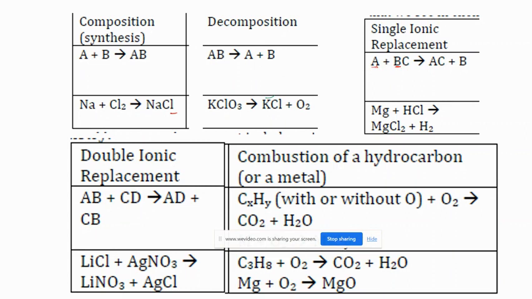So A and B. If you look at your activity series and A is above B, meaning it's more active, then A will replace B. But if you have a situation where B is above A, then this would result in no reaction. So if B is a better player, if it's more active than A, it's not going to replace it. Do you remember doing that?